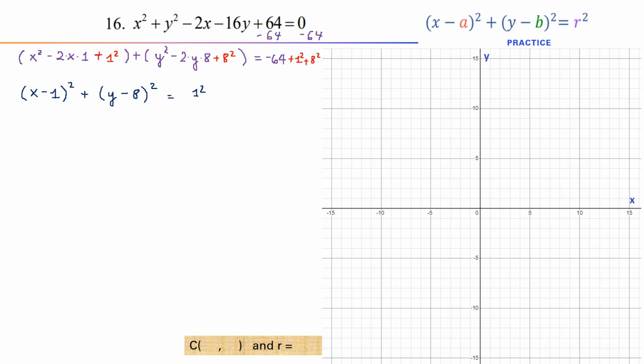So the center will be (1, 8) and the radius is 1. So we find 1 and then go up to 8. This is our center C. Radius of 1, so we go up 1 unit, one unit around the center. We'll have the circle.